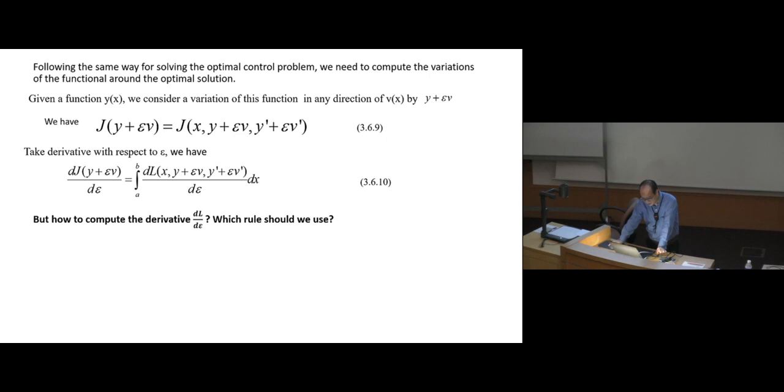Chain rule, yes. For a function F of x equal to little f of g, where g is a function of x, we take the derivative of f with respect to g times the derivative of g with respect to x.